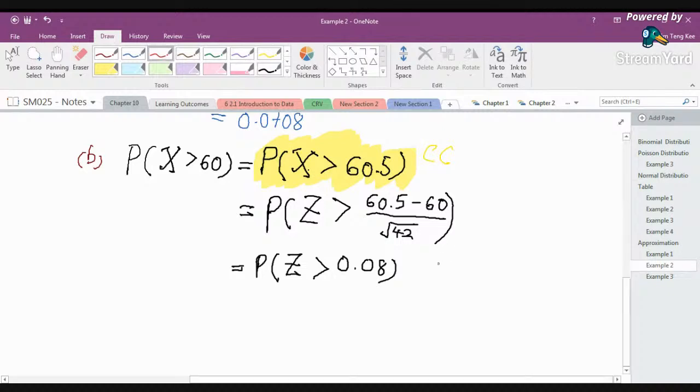Up to here, once again, you can double confirm with your bell-shaped diagram to see whether we can solve this directly from the table. Middle is 0, 0.08 is somewhere here. So there go the regions, and this region, you can see, is small and on the right. So we can get it directly from the table, and you find that P(Z greater than 0.08) is equal to 0.4681 from the table.